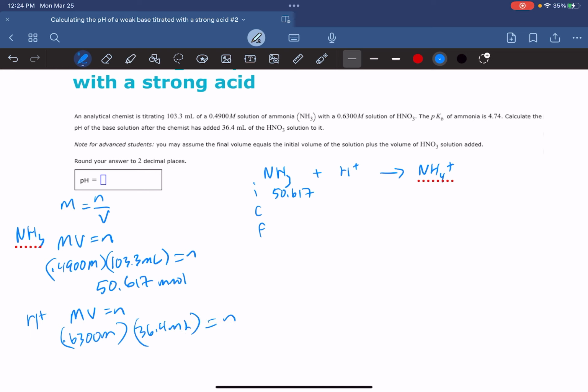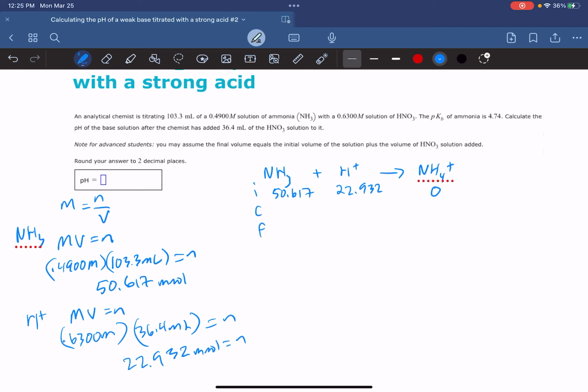And when we multiply those two out, we end up with 22.932 millimoles. So over here we have 22.932. Now we're starting off with 0 of this.